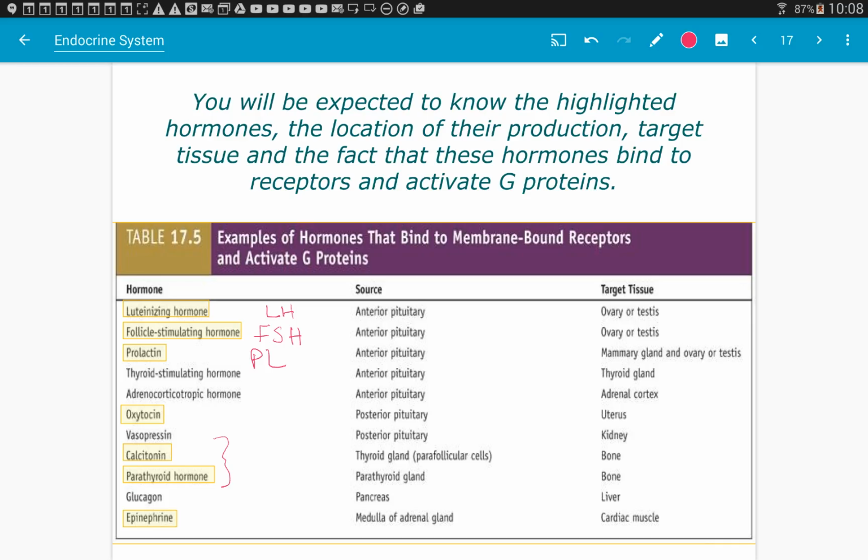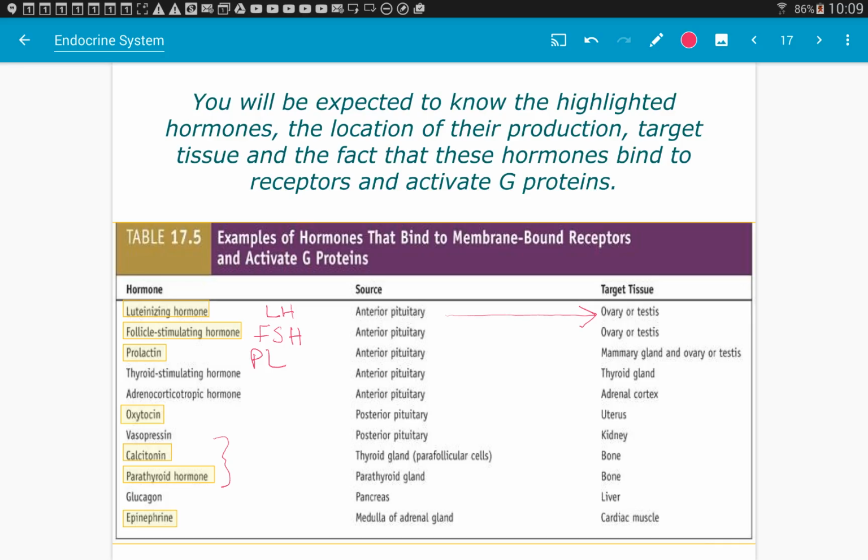And so this table is quite nice because it tells you, okay, luteinizing hormone is made in the anterior pituitary. Well, what does it work upon? The ovary or the testes. So males and females both produce luteinizing hormone, and it works on their gonads. Okay, so ovary or testes is basically the functional equivalent between males and females.